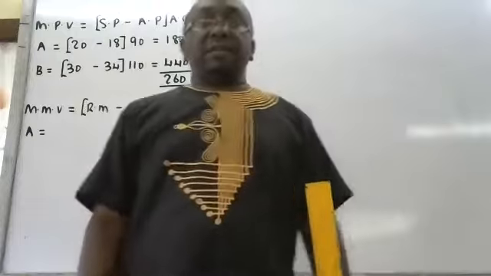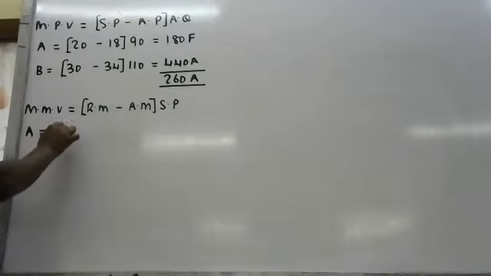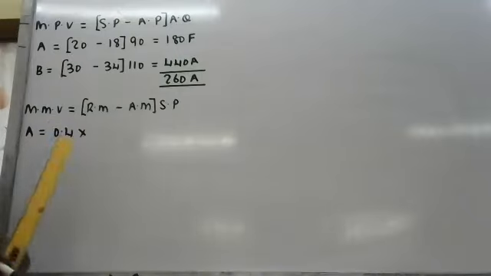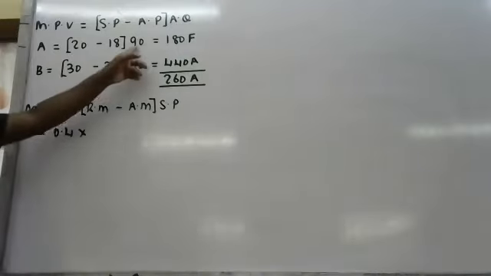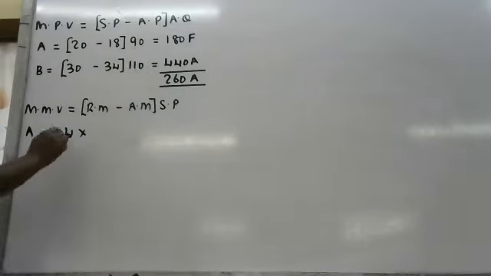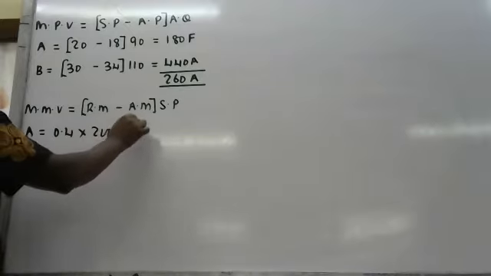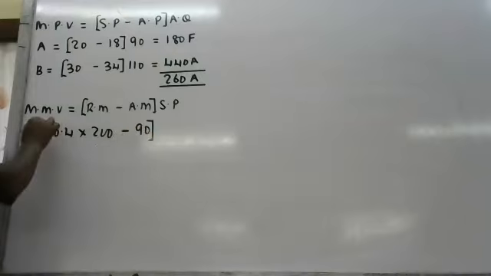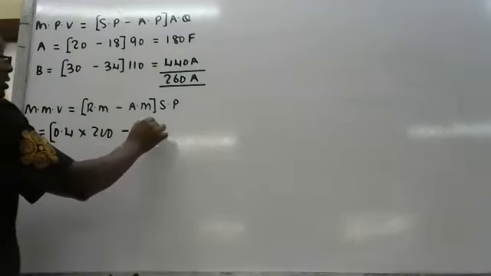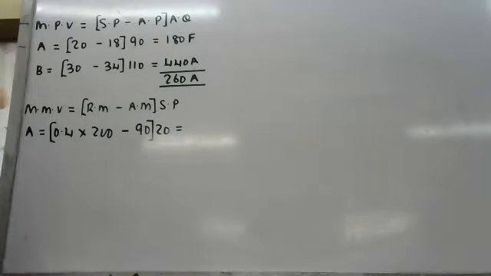A was 40%. So that is 0.4 of the total. The actual total is 90 plus 110. That gives us what? 200. So A should have brought 40% of 200 minus what it actually brought, 90, at a standard price of 20.